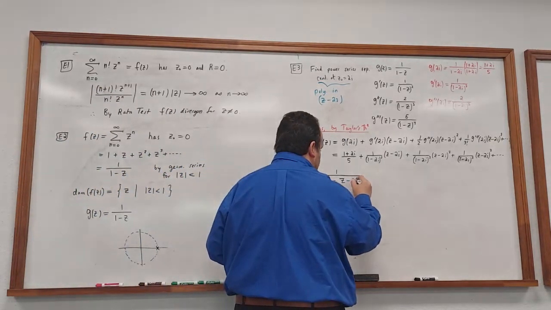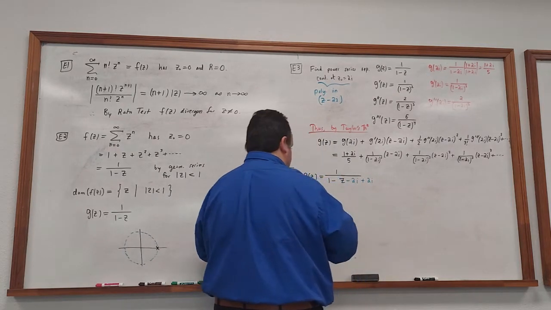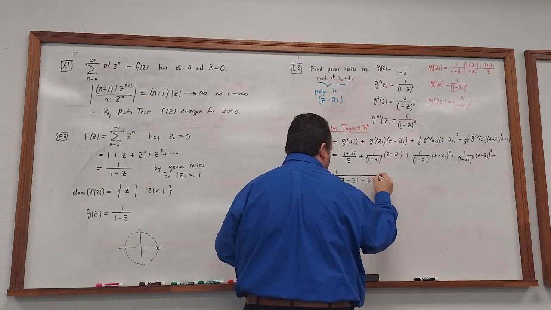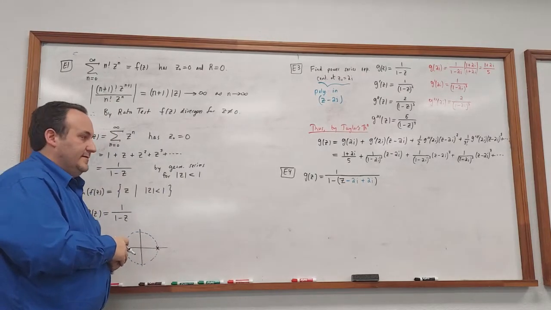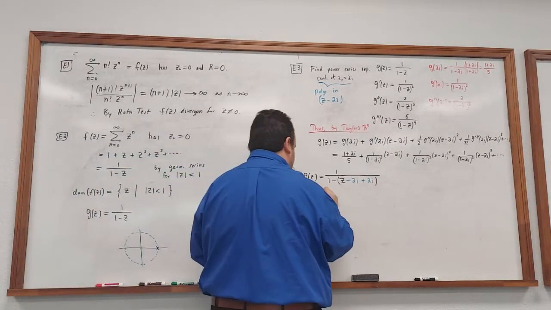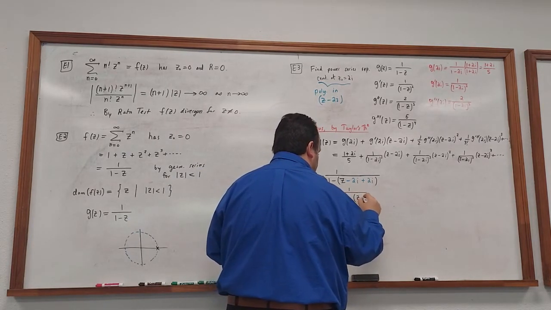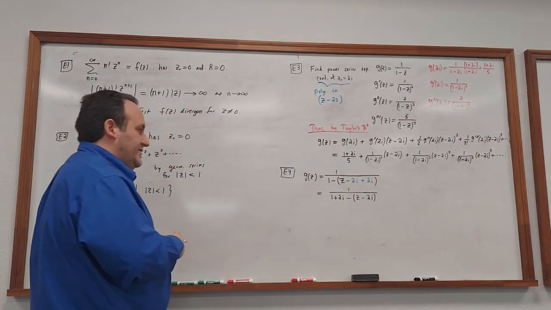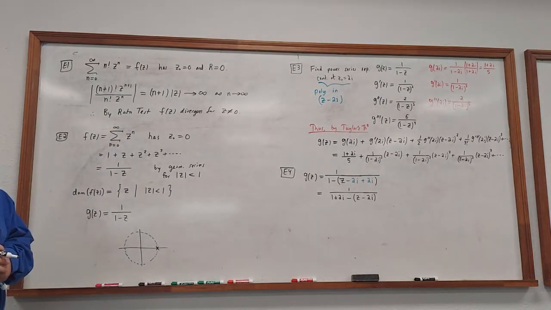This is z minus 2i plus 2i, right? If you look at it, it's there. I added 0, yeah. And so that is 1 over 1 plus 2i minus the quantity z minus 2i. Well, see, now I messed up the 1. I messed up the 1, didn't I?